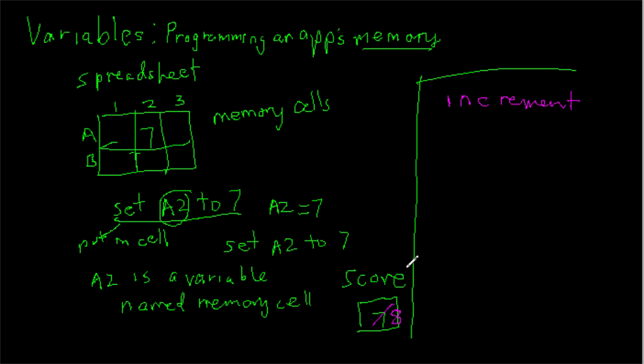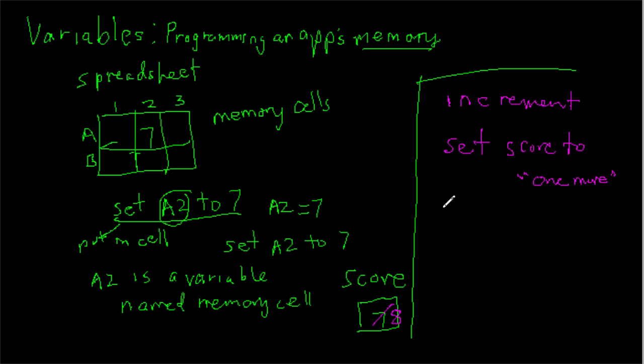So you want to increment the score. And that's not the same. You can't just say set score to 8, because you really want to set score to, in English, 1 more. Of course, we can't use English, right?